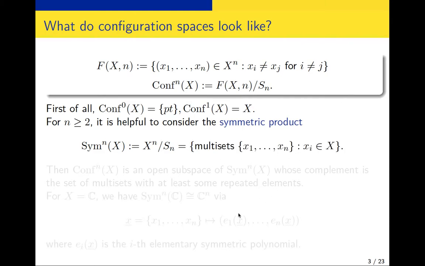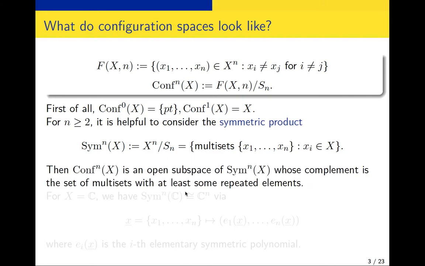And you can view them as the set of multi-sets with n elements in X, where the order doesn't matter, but repetition is allowed. So Conf_n will be an open subspace of Sym^n, whose complement is the set of multisets with at least some repeated elements, and we call that big diagonals.